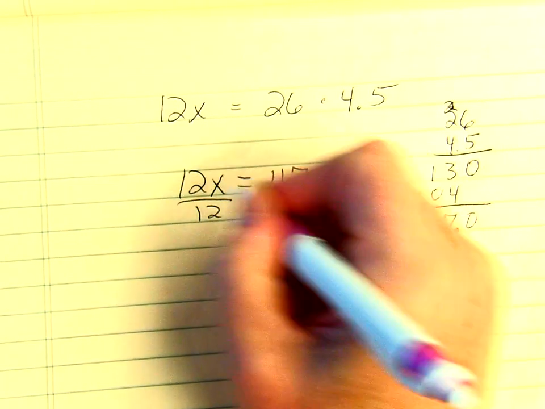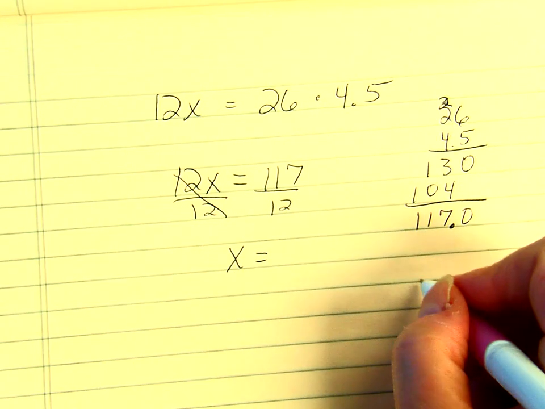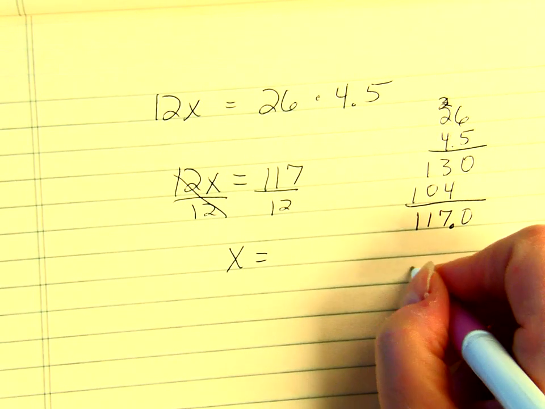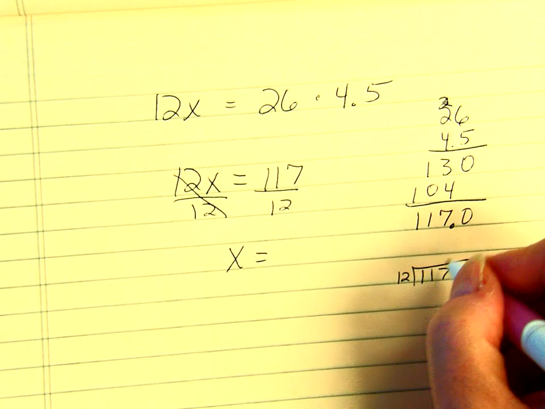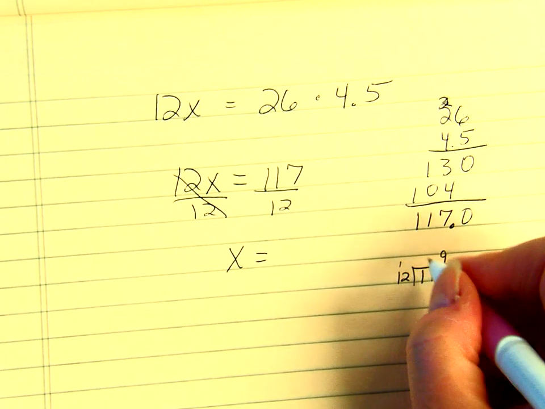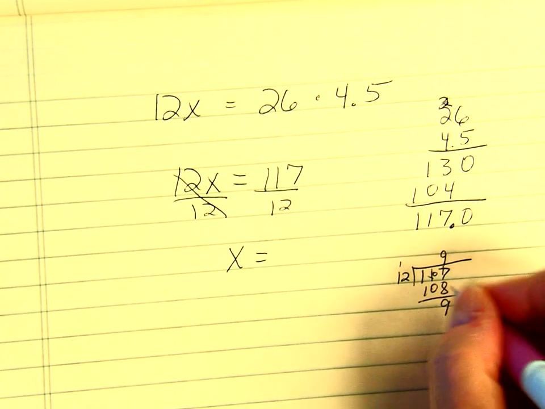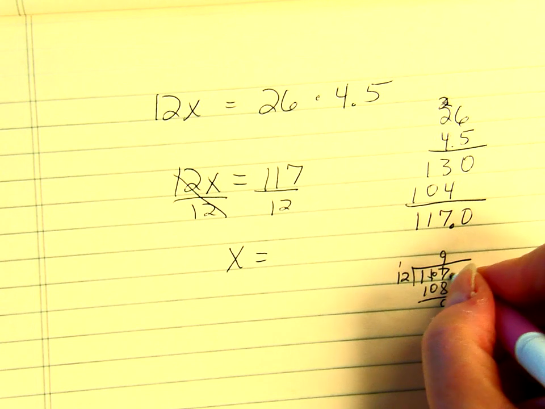And now I'm going to take my 117 and divide it by the 12. Okay, I'm going to come down here and say 117 divided by 12. It'll go in here 9 times. 9 times 2 is 18, and 9 times 1 is 9, that's 108. So that's 9 and 0.